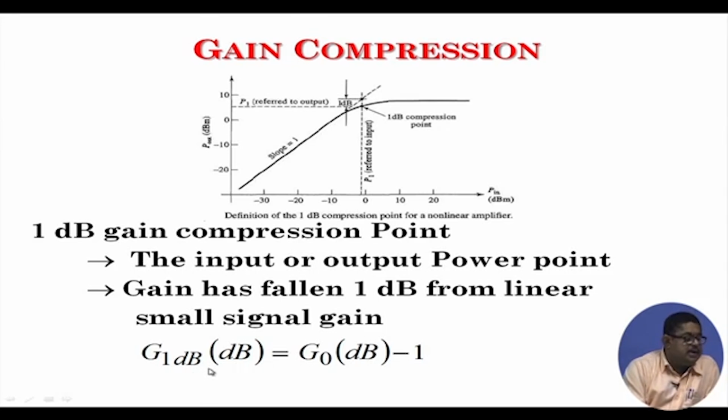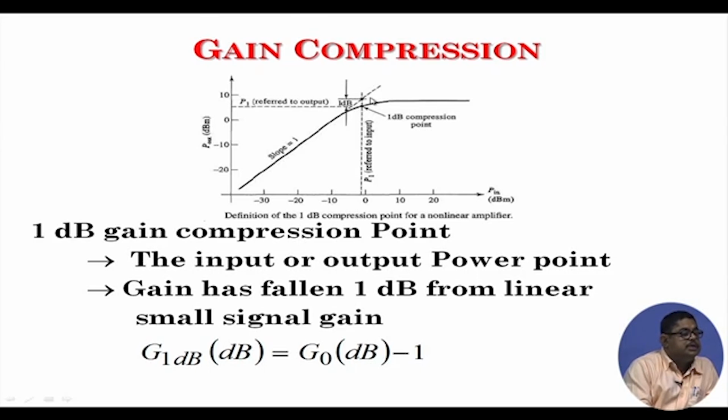So, in mathematical terms we can write that G at the 1 dB gain compression point, in dB scale, is 1 dB less than this point's power gain. This point's power gain is the linear one, so from that it has fallen by 1 dB.